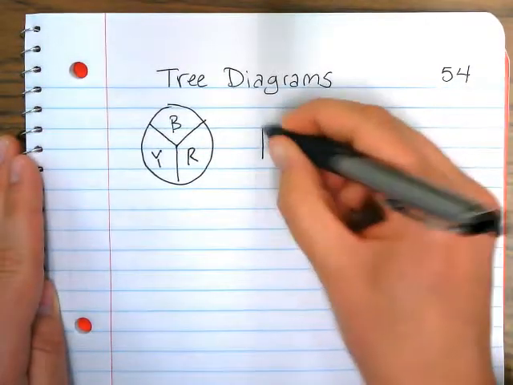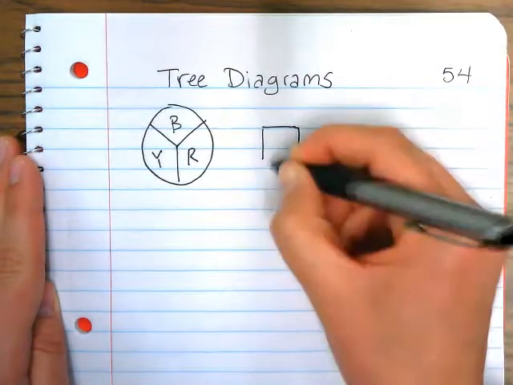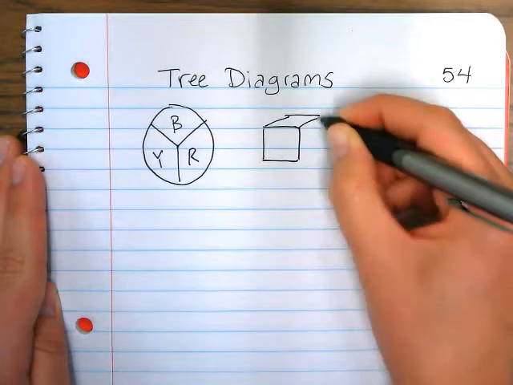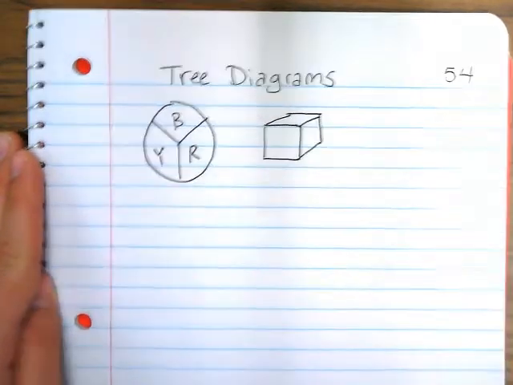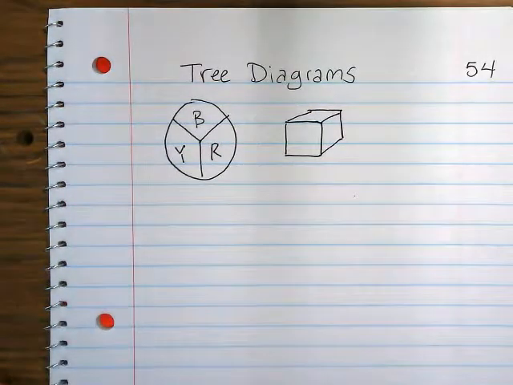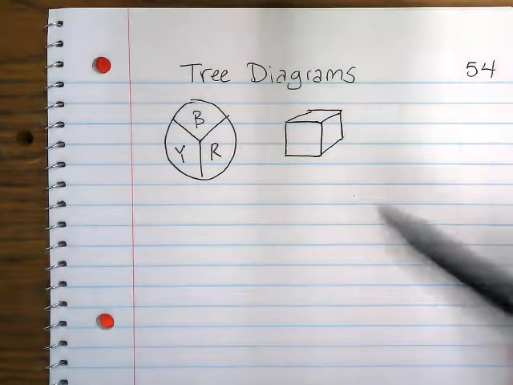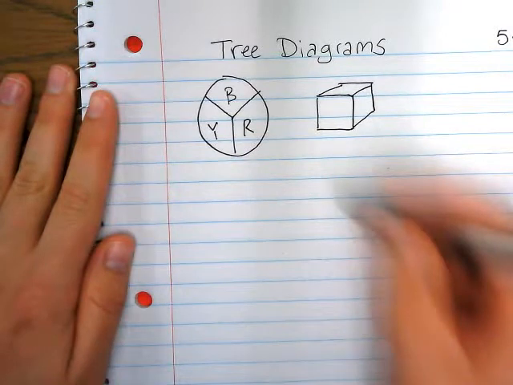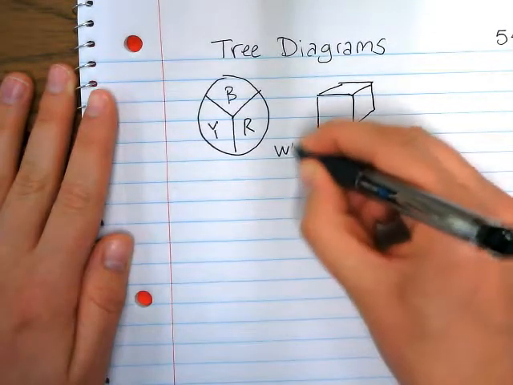And we're also going to be looking at a normal six-sided die. Those are the two things we are going to be looking at. And we're going to practice doing a tree diagram for one compound probability, and this is the probability that we are going to be finding.